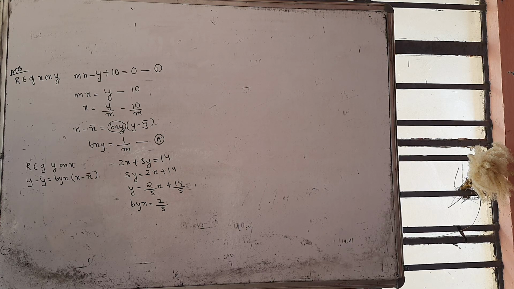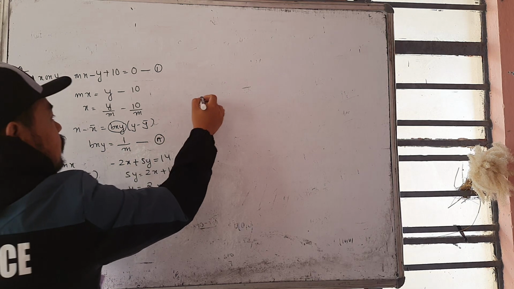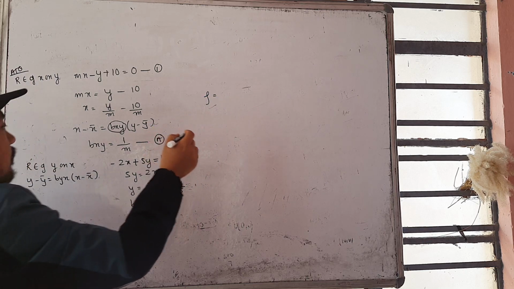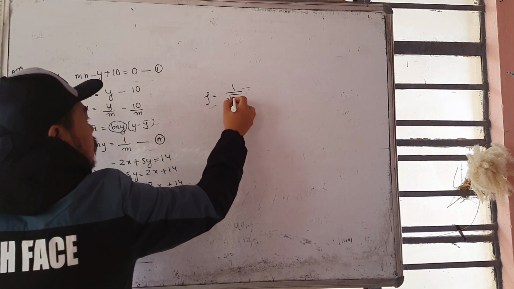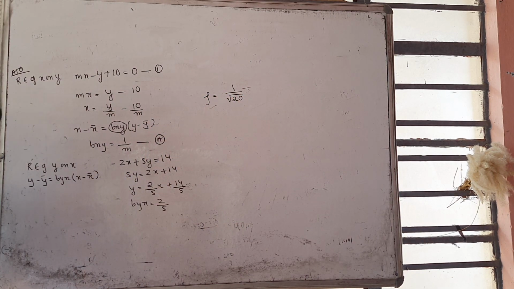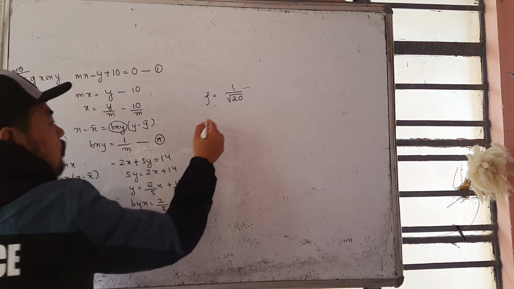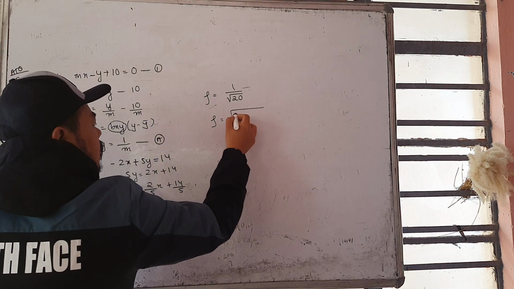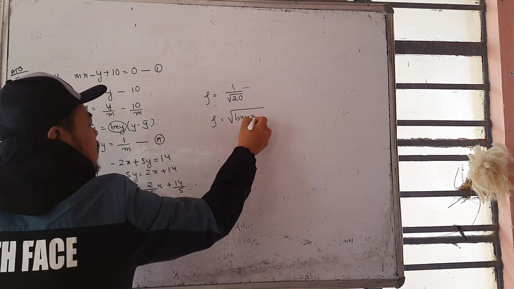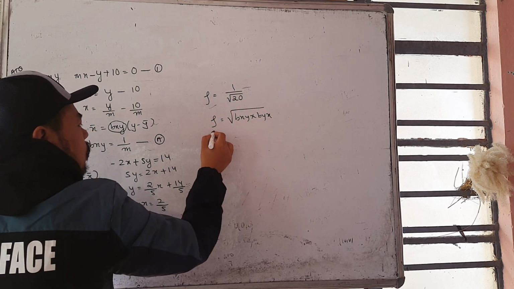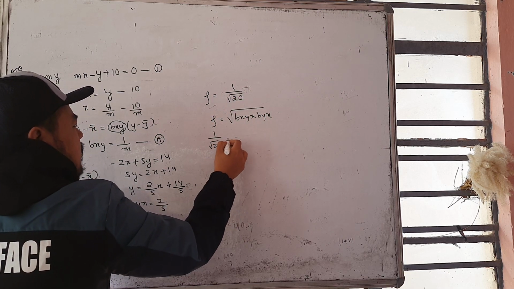Very probable this year. Determine the value of m if the coefficient of correlation rho is given as 1 by root 20. Is it clear? And don't you know the formula for rho, guys? What is rho? Under root bxy into byx. 1 by root 20 equal to root.